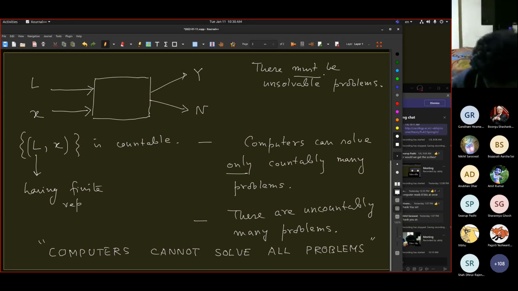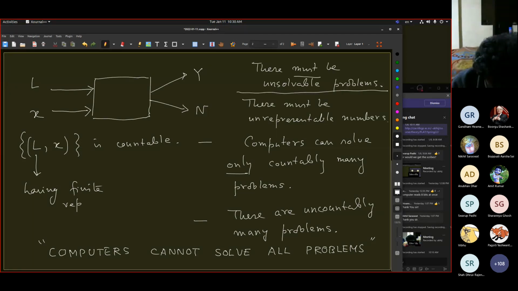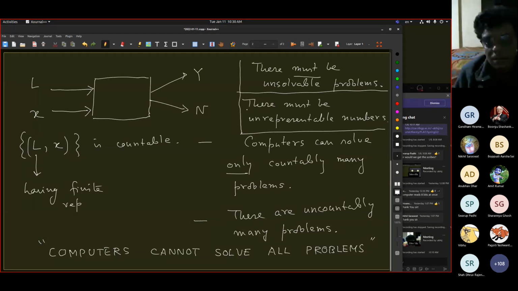So there must be unsolvable problems, and this is essentially the same as saying there must be real numbers that we cannot represent. They are equivalent assertions.